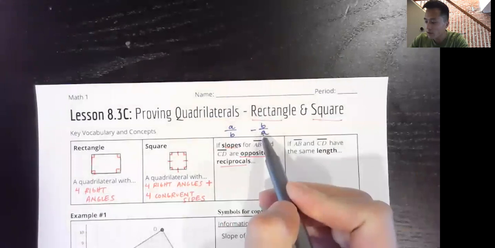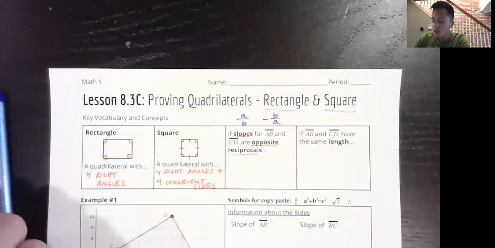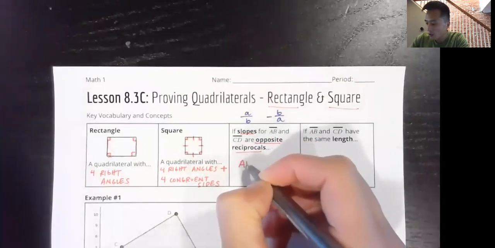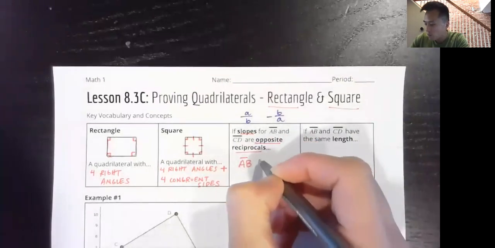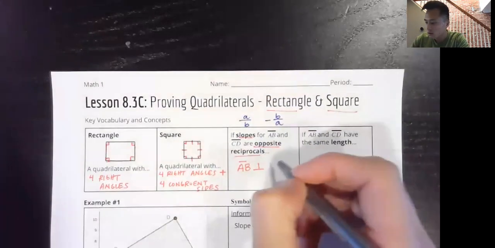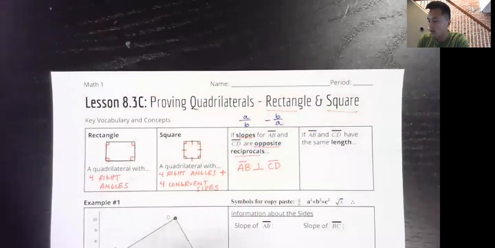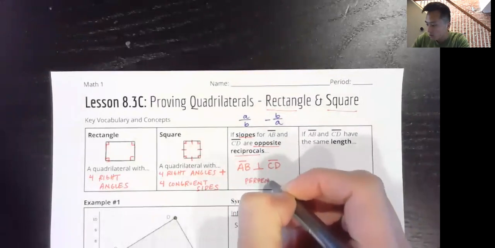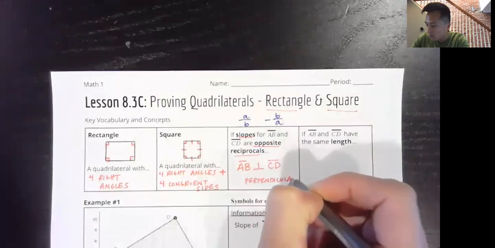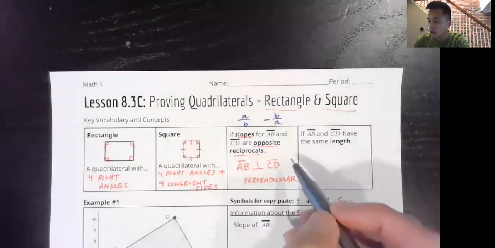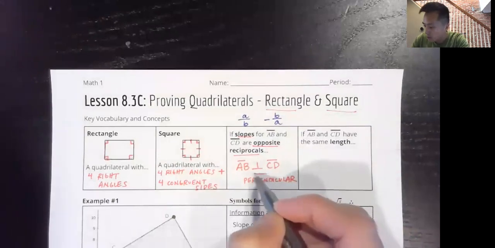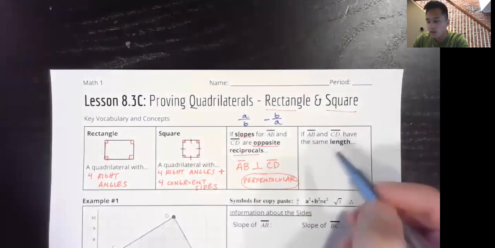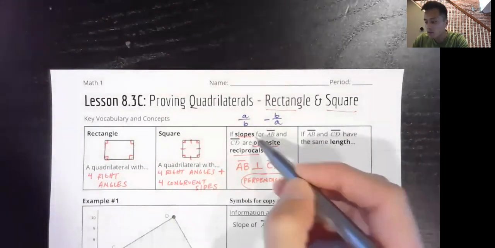If that is the case for the slopes, then for those two lines, we can say that AB is perpendicular to CD. It forms a 90-degree angle. So in your minds, I want you to connect perpendicular, opposite reciprocal slopes.